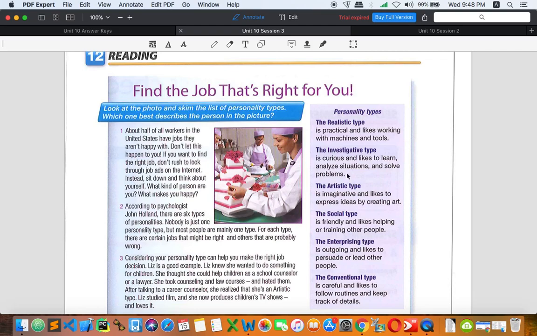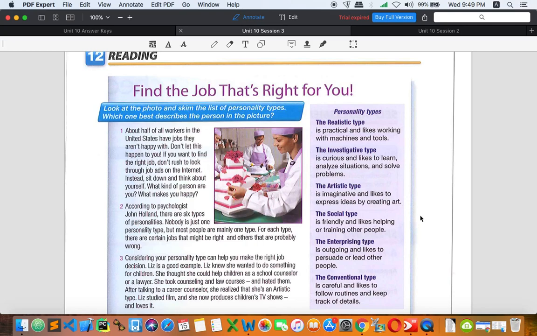For me, I have about 4 or 5 right here, because I am a teacher, I am also an IT developer, I am also a business person, so I know myself that I have so many different personalities, all right? And you might also have more than one, okay? So just spend time reading all of this. You will know exactly what kind of person you are, and this will tell you exactly what kind of major you want to study and what kind of job you want to work, okay?